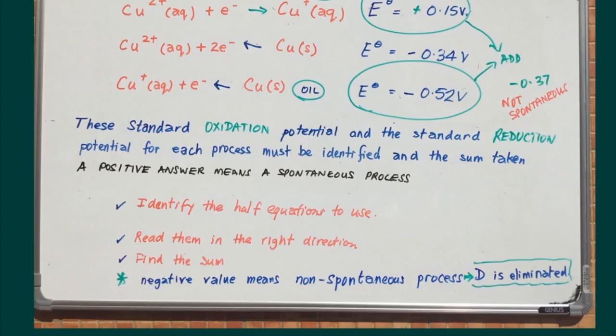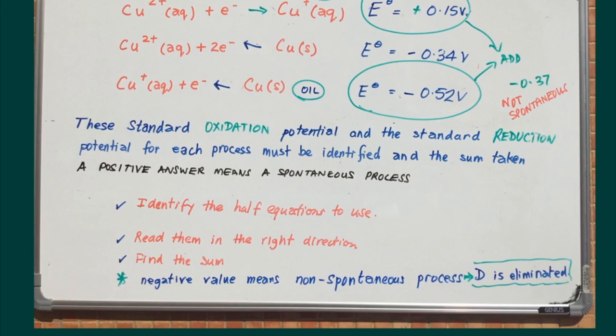Now if copper metal is being spontaneously oxidized, then we need to look at its standard oxidation potential. Oxidation is loss. And we need to look at the standard reduction potential of Cu2+. This would have to be looked at in this direction, giving negative 0.52, and this would be positive 0.15.